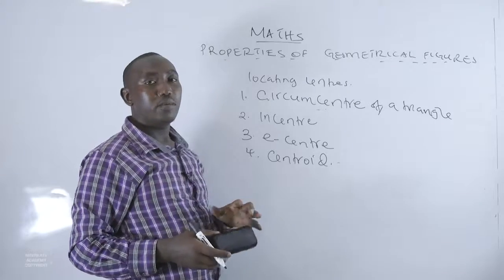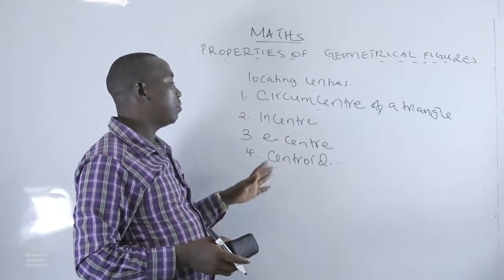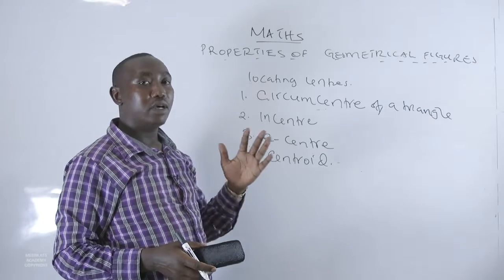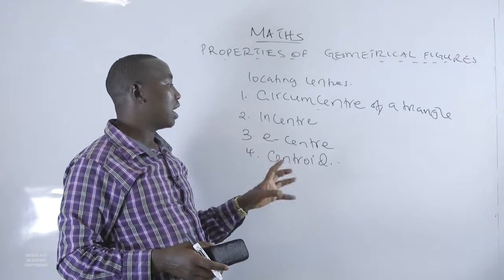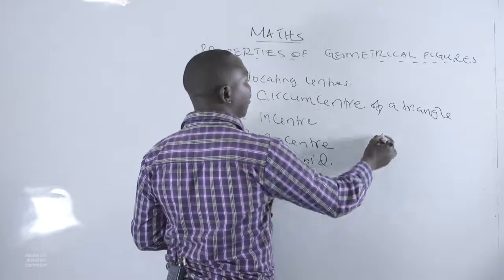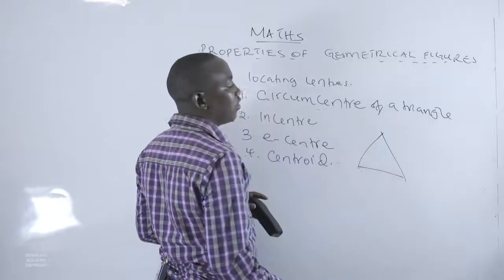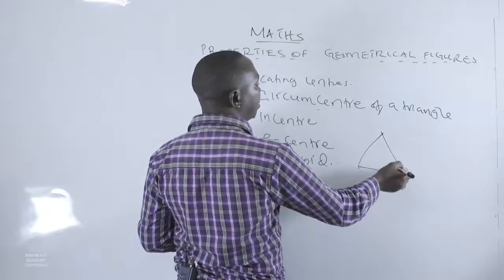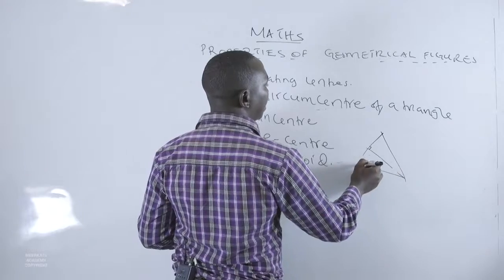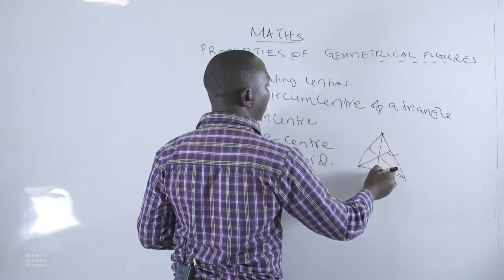And for you to draw a centroid, you simply need to get the altitudes of the different sides of that particular triangle. So if this is our triangle, you obtain the altitude, also the altitude.